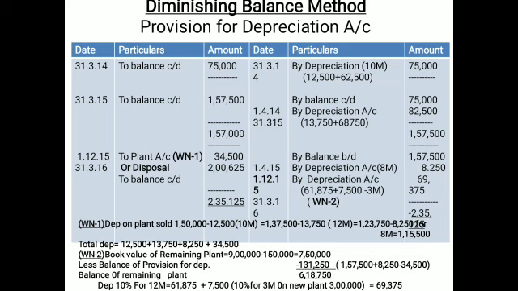So for 10 months it will be taken like the 12,500 plus 62,500. 12,500 for the 10 months on the 1,50,000 machinery, and now the 62,500 on the 7,50,000 machinery, sold and unsold part. Total value of the depreciation 75,000. It is to be forwarded now to the next year.